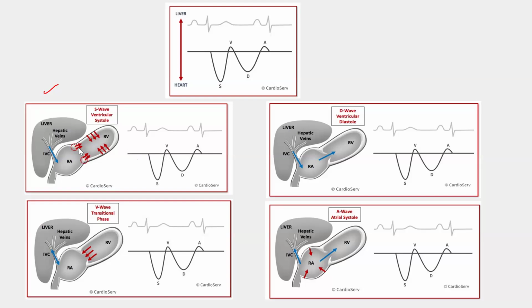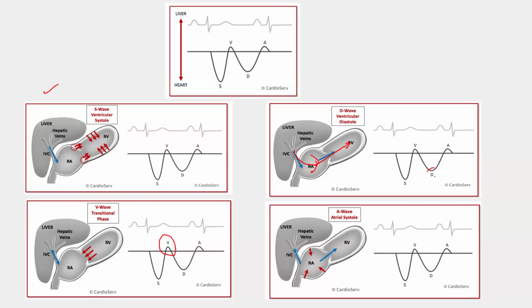Towards the end of systole, there is overfilling and there is ascent of the annulus. The annulus jumps upward and this pushes blood a little bit backward. This is V. Now, the tricuspid valve opens and this takes blood down to the RV, and also blood comes from the liver to fill the right atrium.